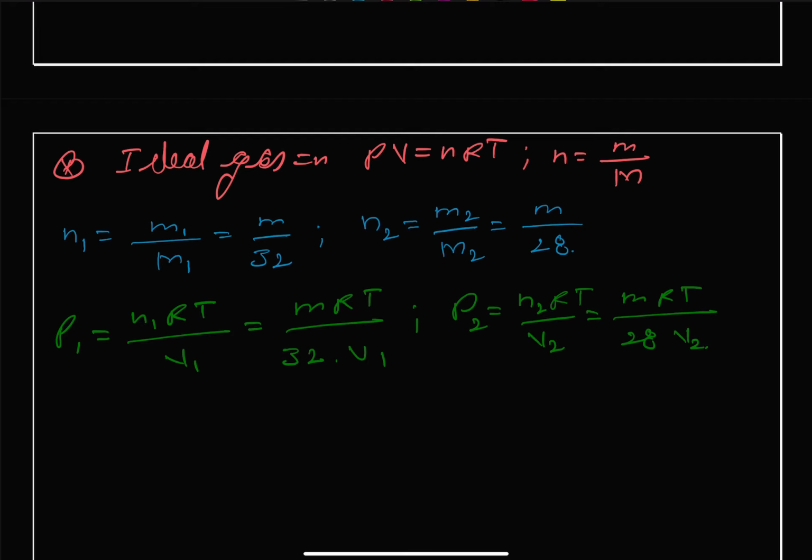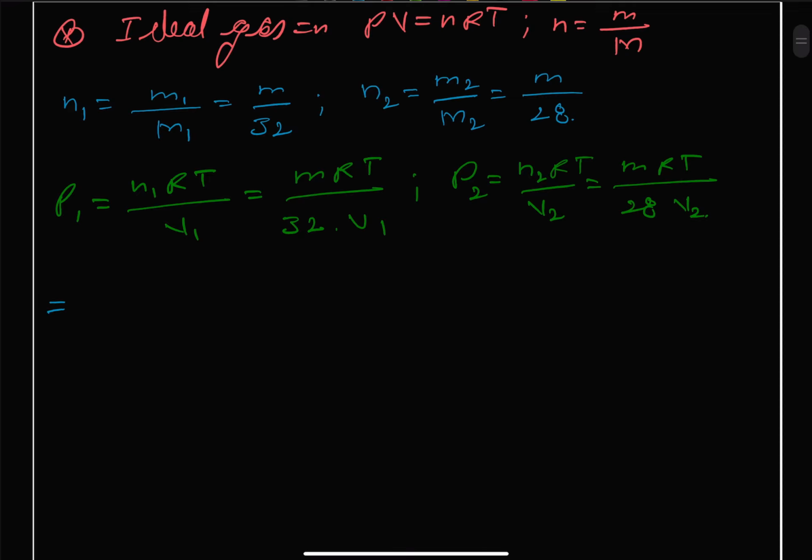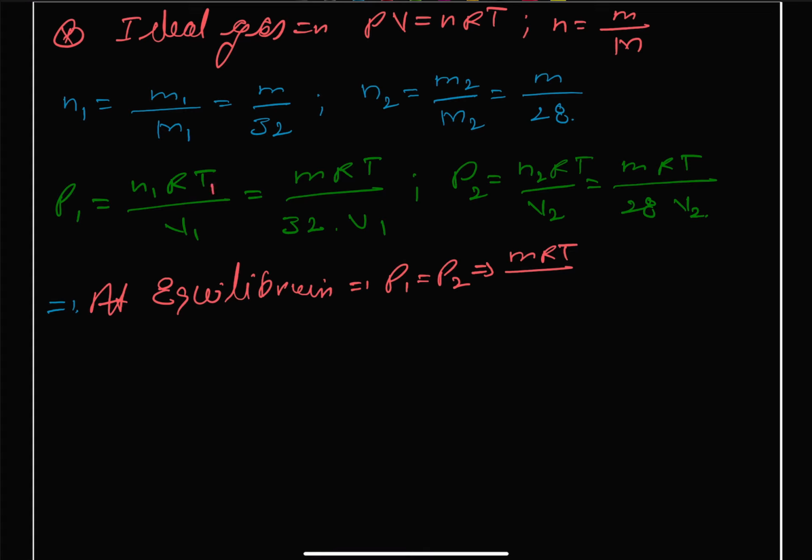At equilibrium, like we said, P1 should be equal to P2. So we can say at equilibrium, P1 is equal to P2. So we get this as our MRT. This should be actually T1 and this will be our T2. Later on T1 is equal to T2 is equal to T. And we get this as MR, this will be our 32 V1 is equal to MRT and this is 28 times V2.